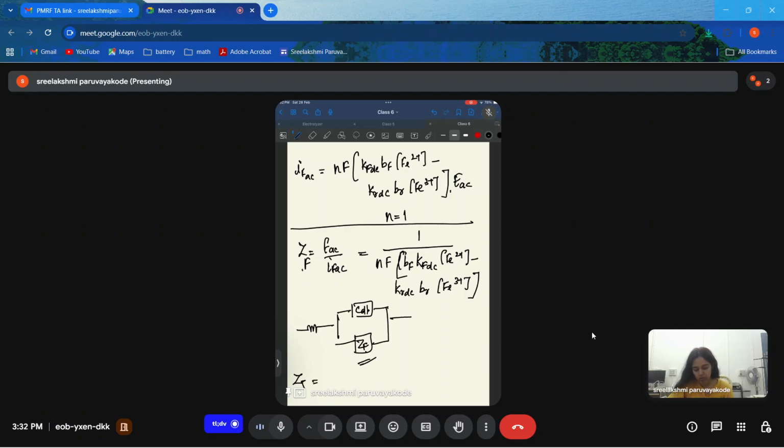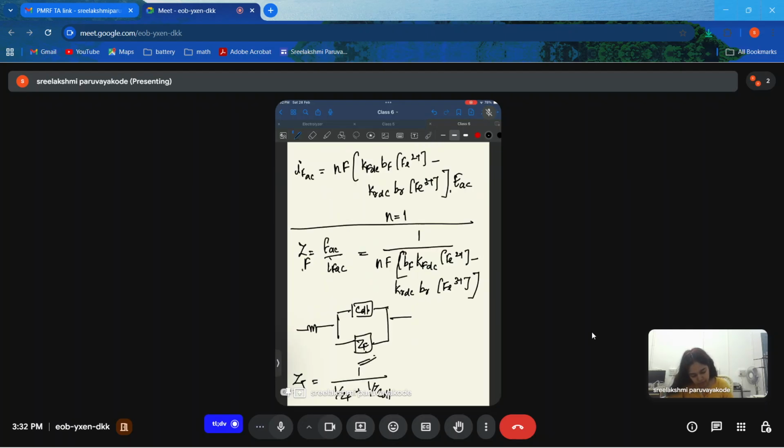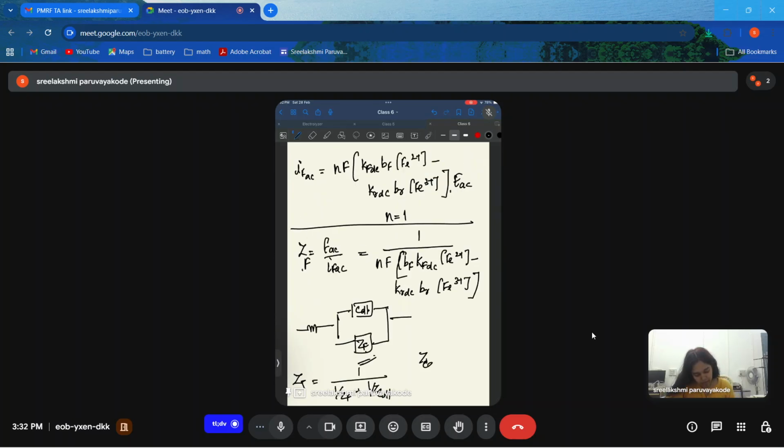So the total impedance is going to be 1 by ZF plus 1 by the double layer capacitance impedance. What is 1 by ZCDL? That is j omega C. ZF we already found out. CDL also we have found out. So if we are rearranging it and writing, it becomes j omega CDL. So ZCDL is equal to 1 by j omega CDL.